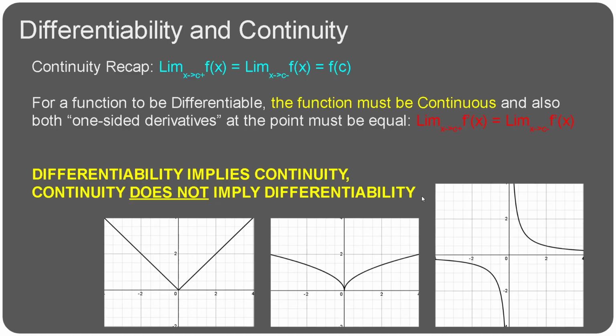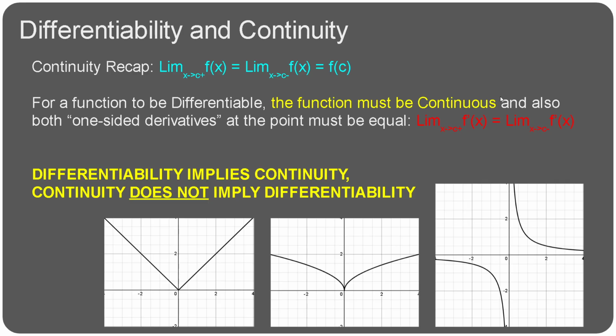Okay, let's talk about differentiability and continuity. In my previous episode, you'll remember we talked about continuity. If the limit from the right matches the limit of the left and the point itself matches, you have a continuous function. So that means that the function basically can be drawn without lifting your pencil. For a function to be differentiable, this is important, the function must be continuous.